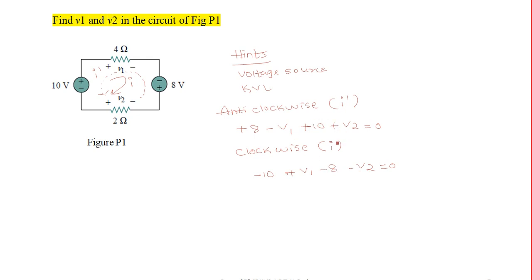If you rearrange these things, you can see that V2 minus V1 equals how much? It is minus 10 minus 8, or together minus 18. Similarly here, V2 minus V1 will still be the same. You can take these things to the RHS.